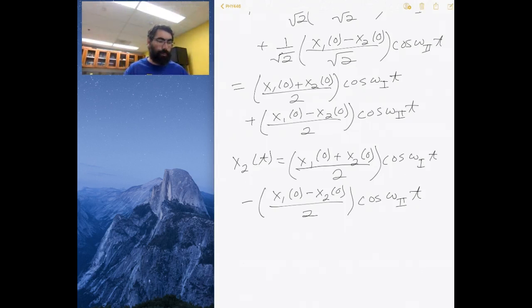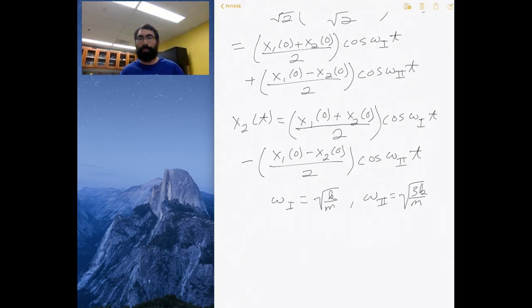Where, if you remember, omega 1 was the square root of k over m, and omega 2 is the square root of 3k over m. So basically now we've solved the problem.